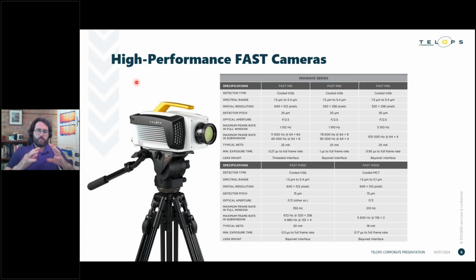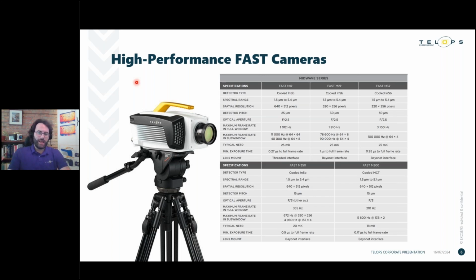Now, when we're talking high performance fast cameras, I mentioned Telops is very much a leader in the market for these kinds of high grade scientific cameras. We offer different kinds of broadband cameras, covering the whole infrared range: short-wave, mid-wave, and long-wave cameras.